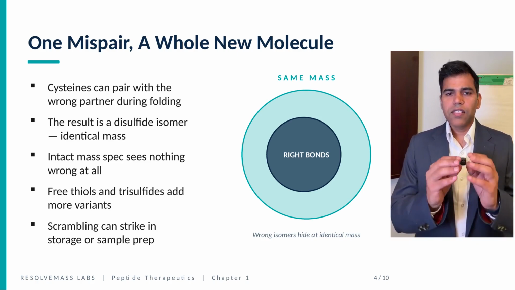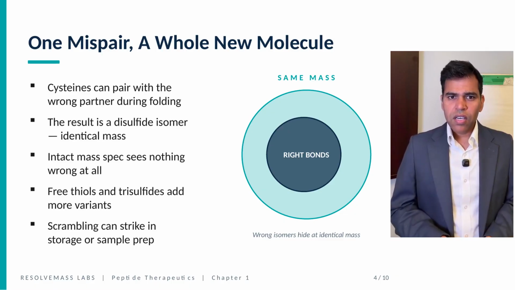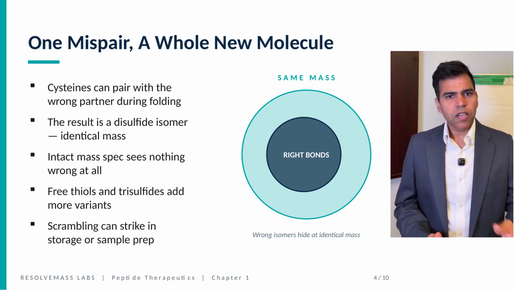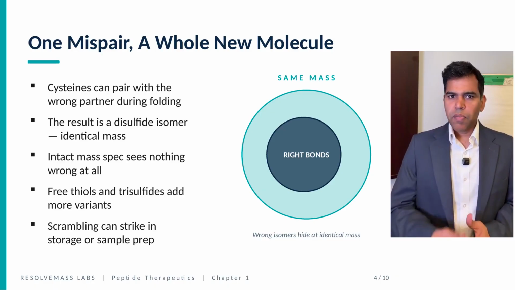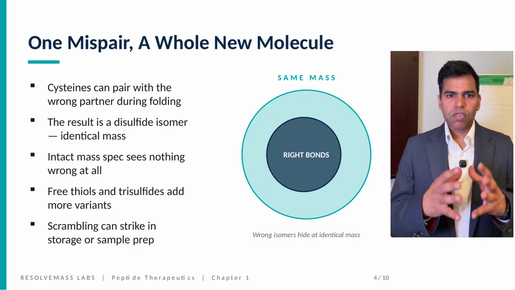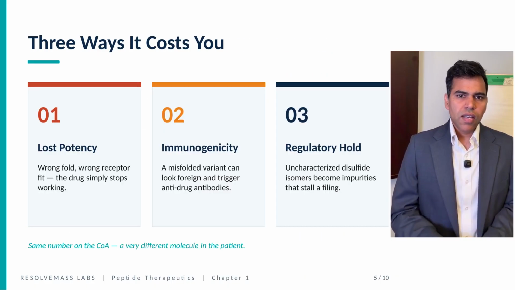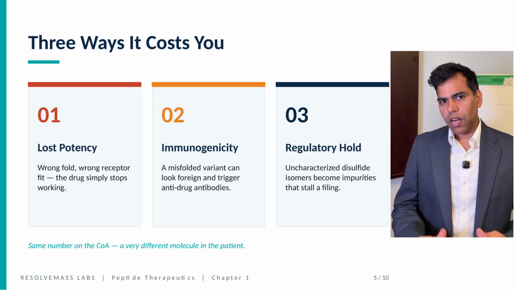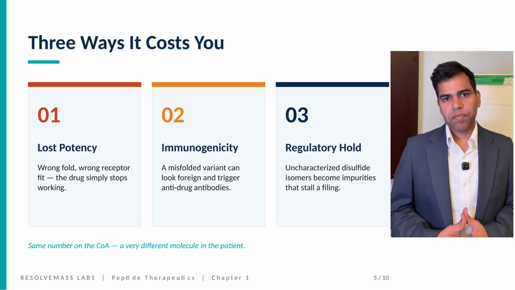It has the identical formula and mass as the real drug. On a mass spectrometer, the intact molecule looks perfect. The number is right, the medicine is wrong. Add free thiols or trisulfides, where an extra sulfur sneaks in, and you have a family of lookalikes a simple mass check will never flag.